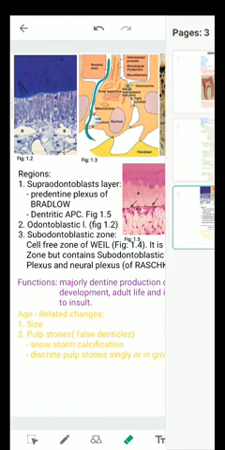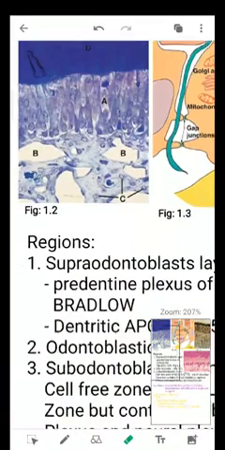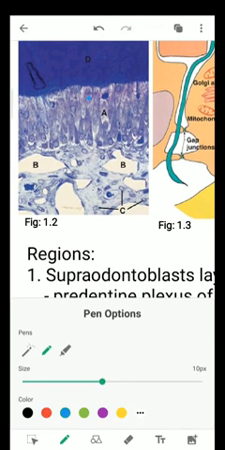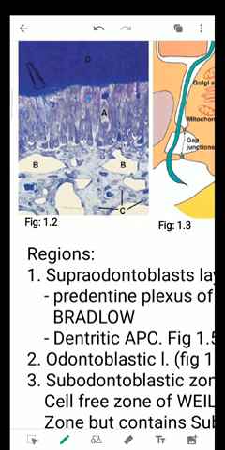You can see this layer where you can see a nucleus here, in different positions, up, down, giving it a false appearance as if it is stratified.